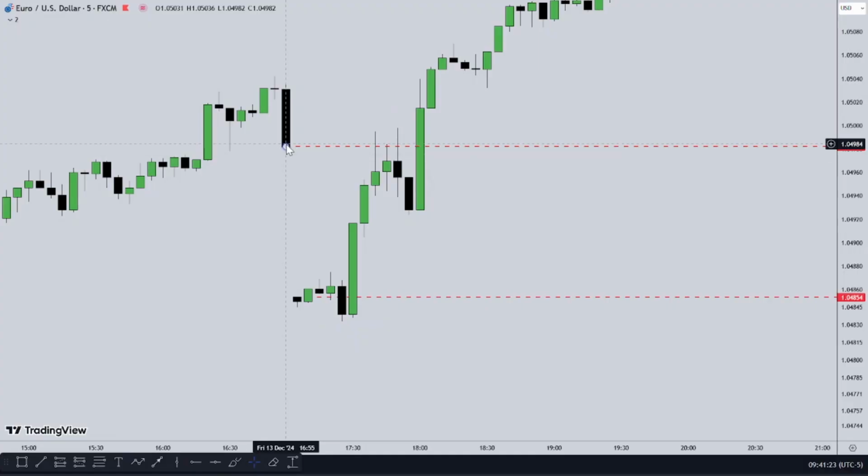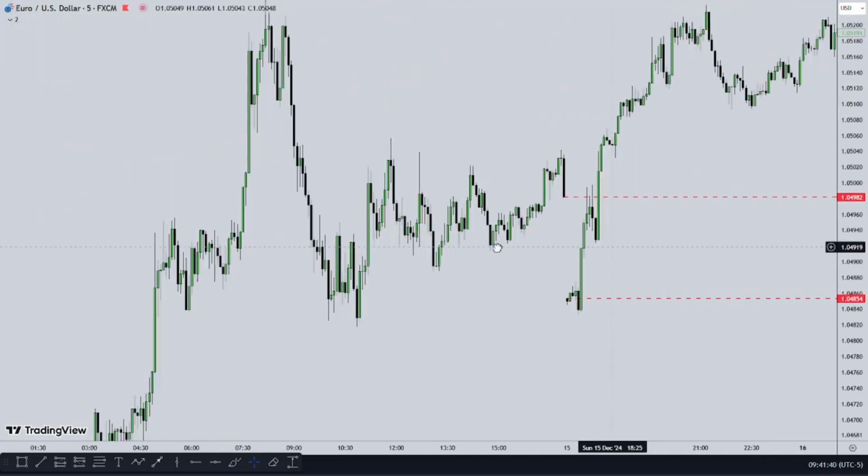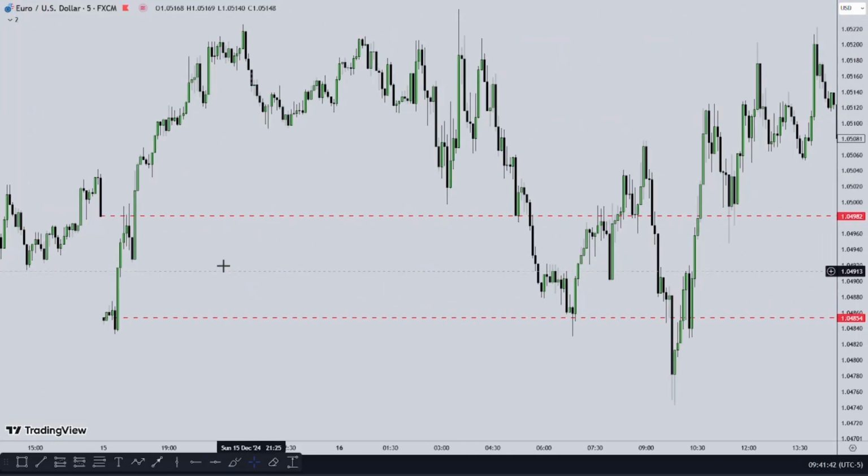Now, when you use the 5 minutes, you can look at it as a liquidity void, because clearly you can see there's a liquidity void between this trading period from the closing price to the opening price. You want to note this liquidity void, and throughout the week, price will reference back to this price range.